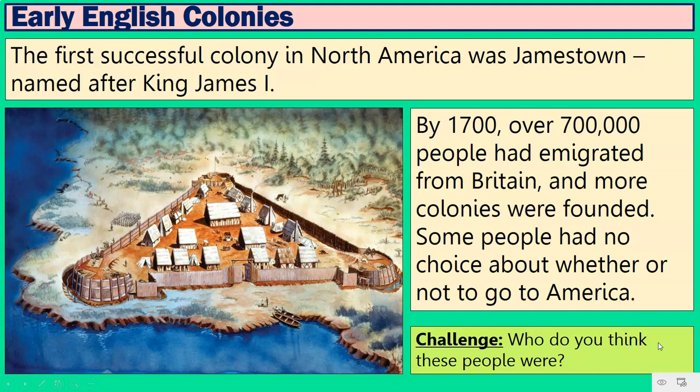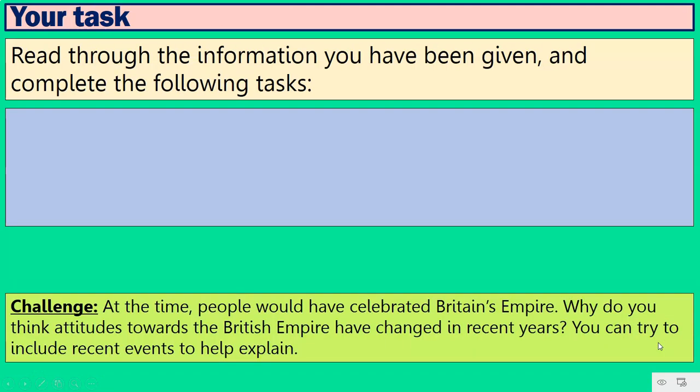So what I want you to do now is to read through the information that you've been given. You have a PDF and it repeats some of the information that I've just said to you, as well as some information about the kinds of people that were going there and why. And I would like you to use that information to complete the following tasks.